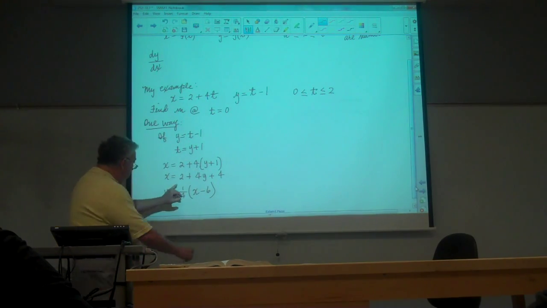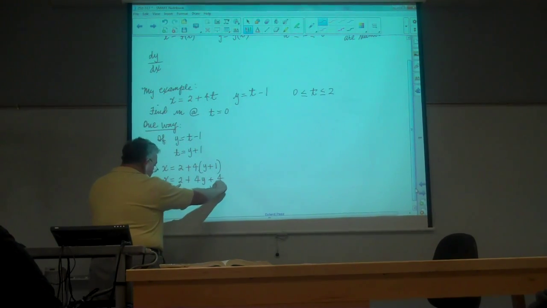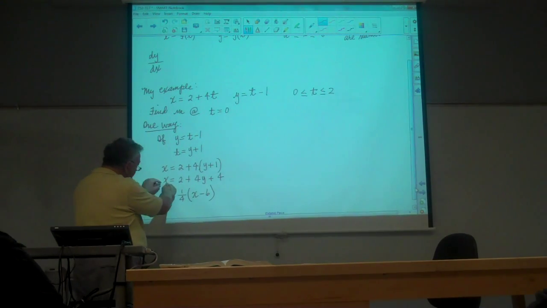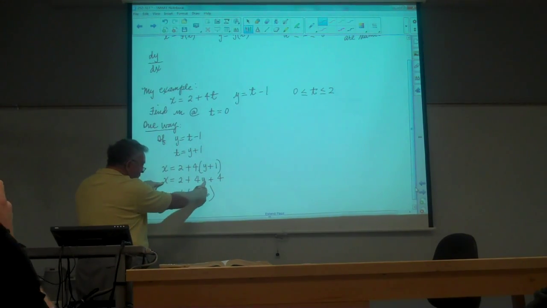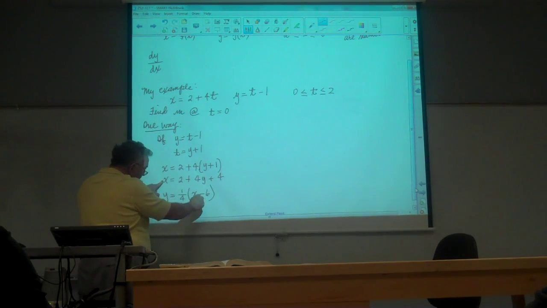Well, let's see. First thing I'm going to do is, that's 6, and I'm going to move it over to this side, right? And that leaves x minus 6 over on this left side and 4y on that side, right? And then I divide and I get x minus 6 over 4 is equal to y.